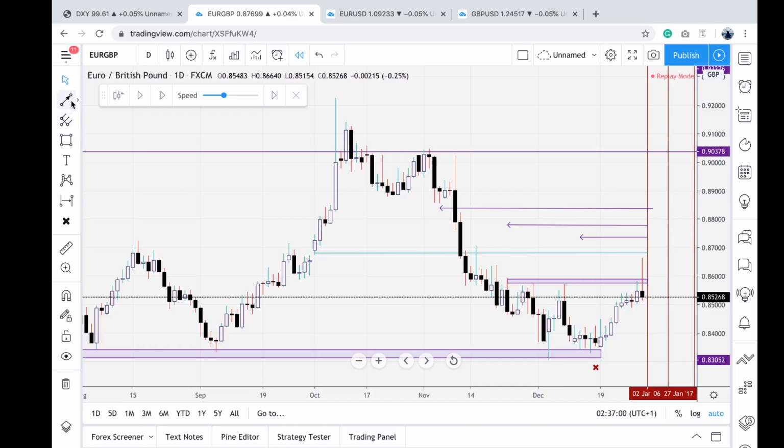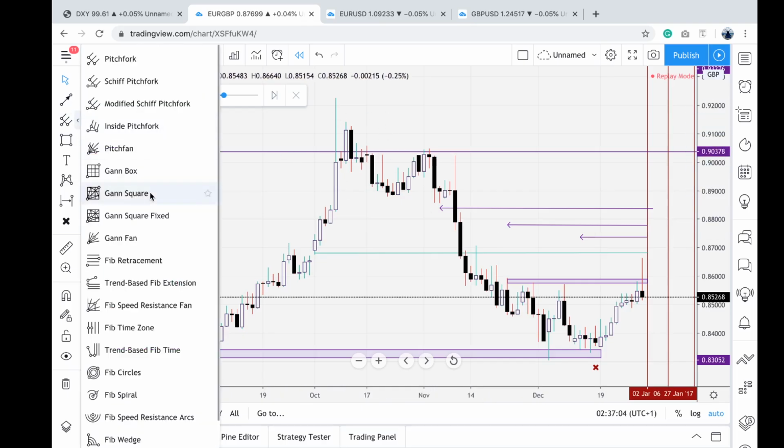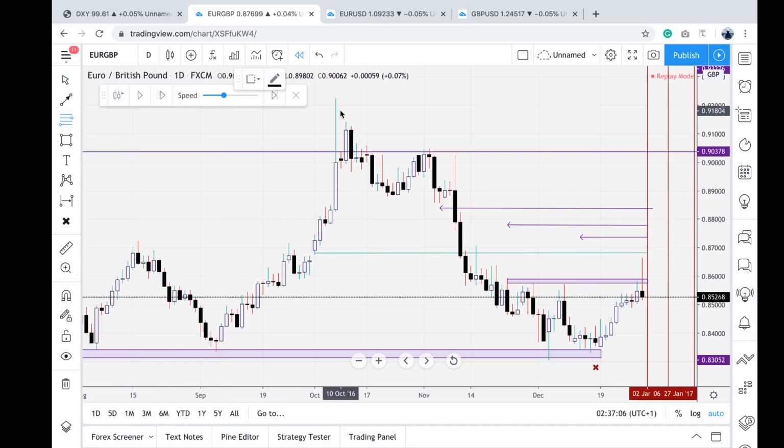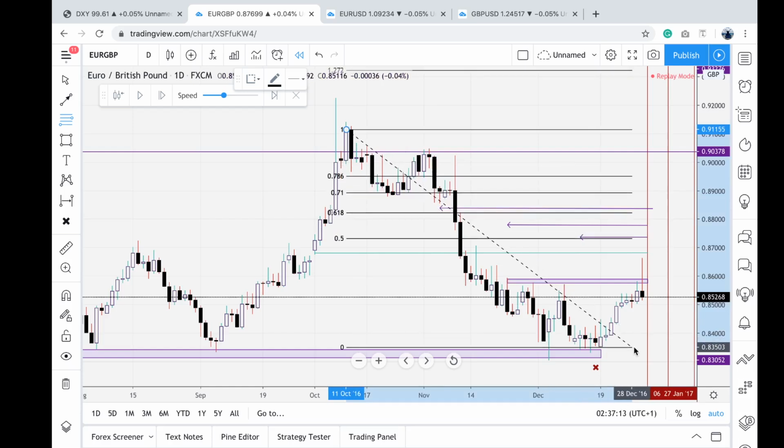What you can simply do is identify your range high, your range low, pull up your Fibonacci tool, and get the midpoint of the range. You don't want to use the wicks, you want to use the bodies of the candles. So this is your midpoint of this range. So far, we're still below the midpoint, so we're in a discount range.